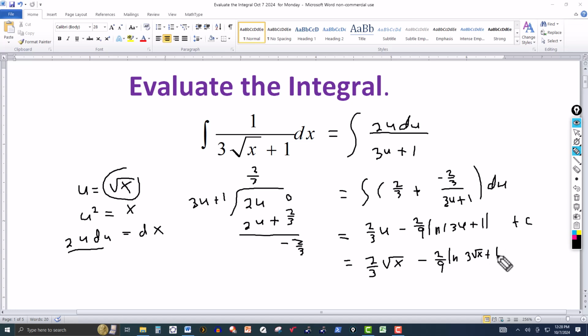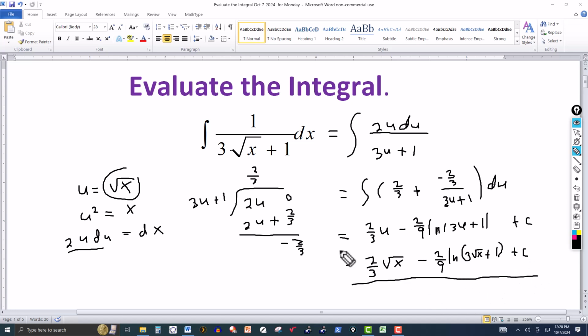Now because the square root of x is always a positive value, since it's the positive root, and this times the positive 3, 3 square root of x plus 1 is always positive. I don't need the absolute values here, so I just put parentheses. And it's plus the constant of integration.